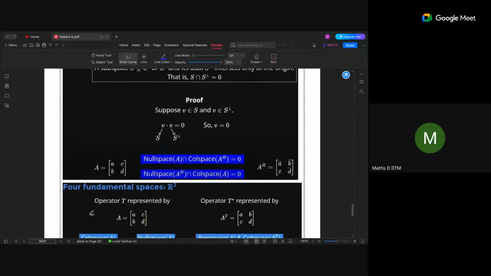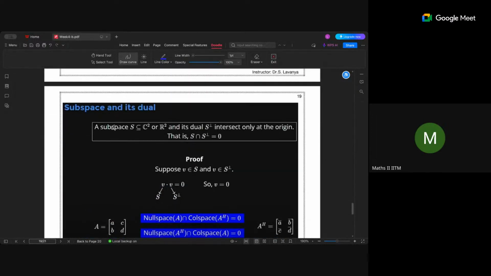Let's see that also. Before that, there is one important thing about a subspace and its dual. A subspace S in C2 or R2 and its dual S perp: what is there in their intersection? What is common in both? It is only the zero vector. Why?